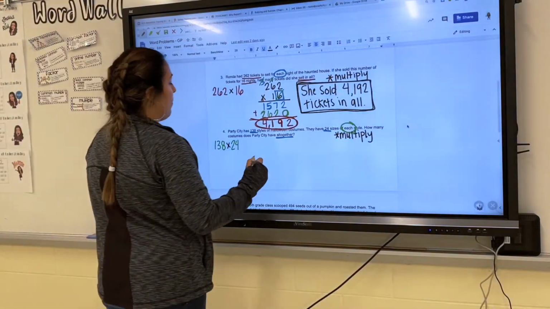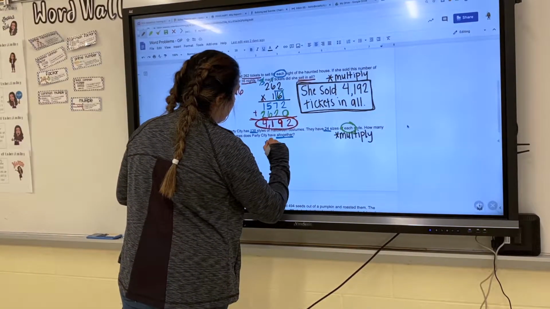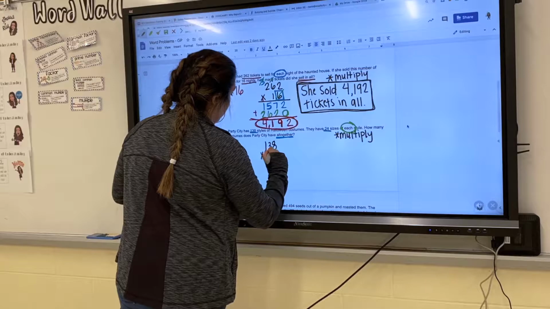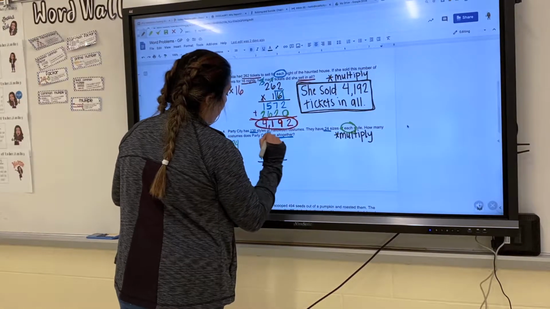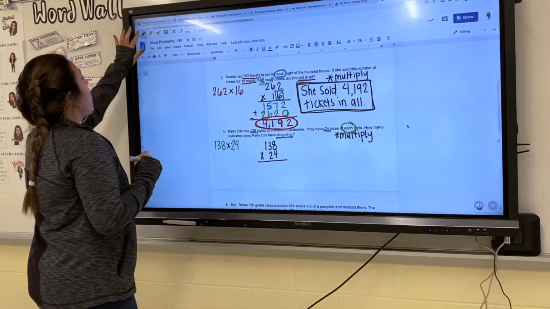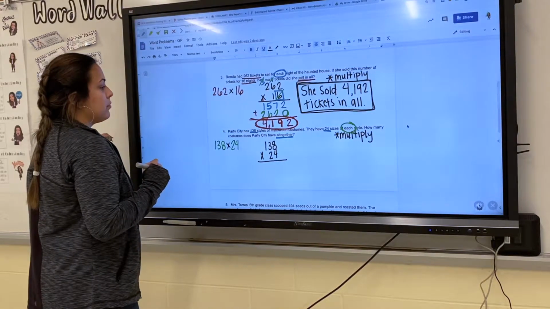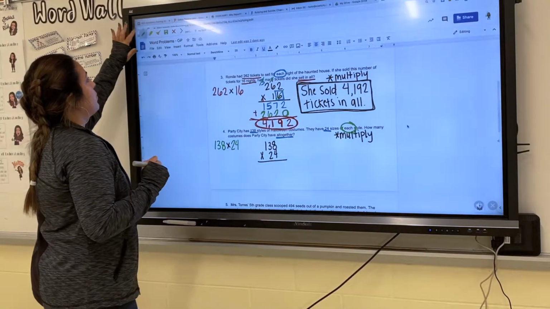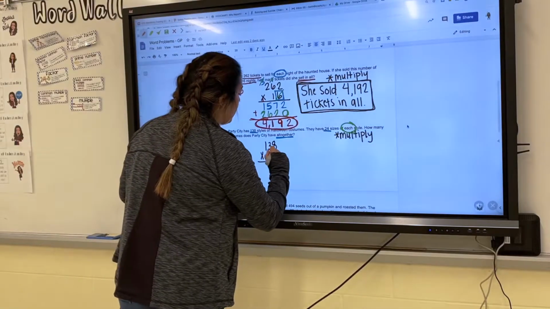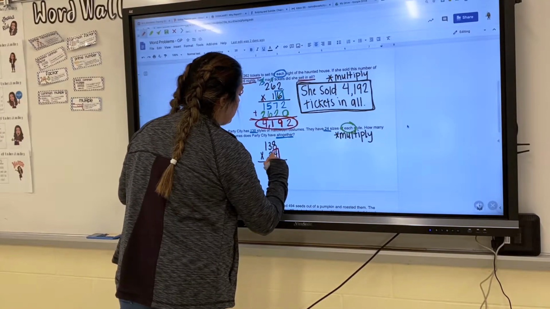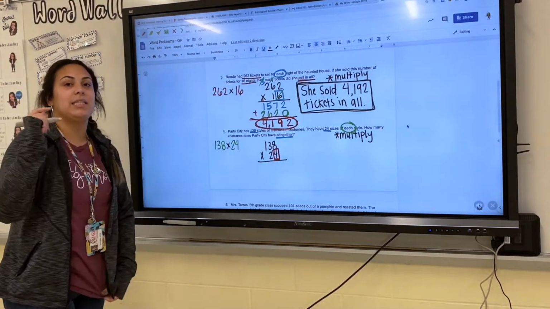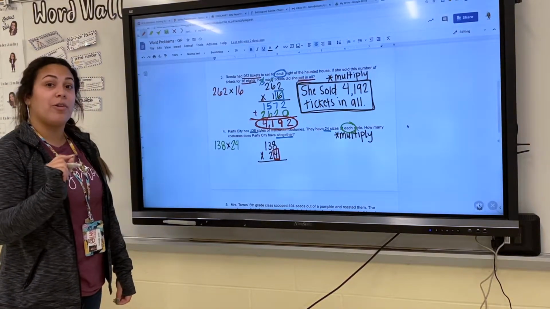So now I'm going to set up my standard algorithm. Going to box the number in my ones place, so I know this is the main number I'm focused on right now.